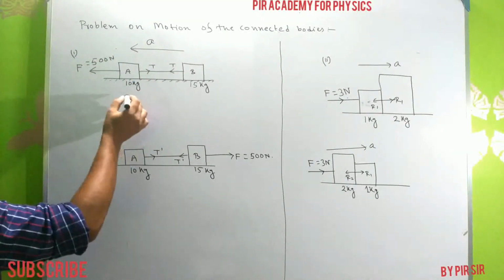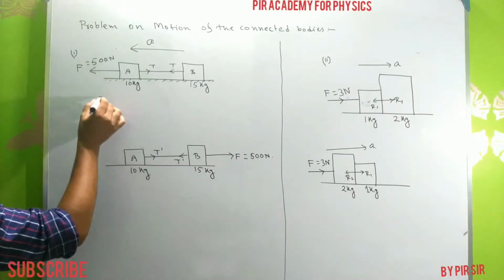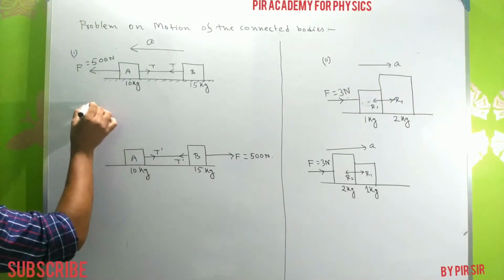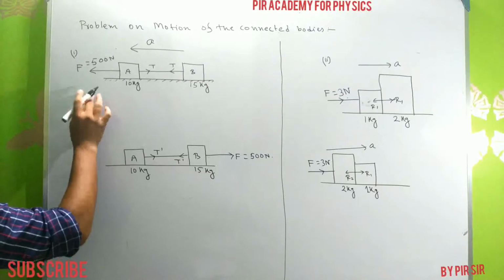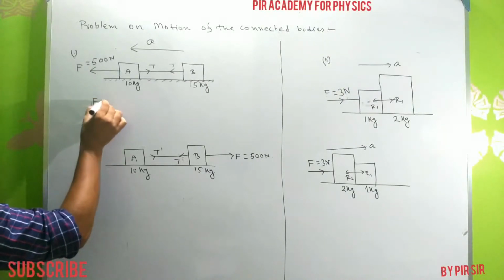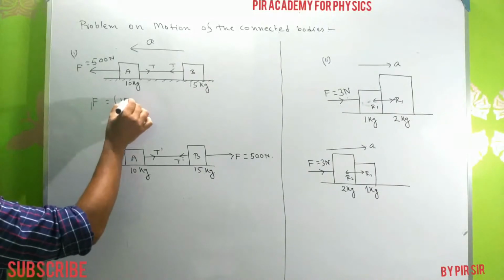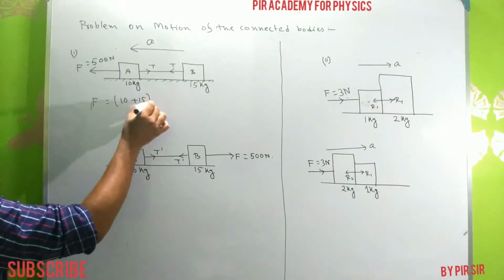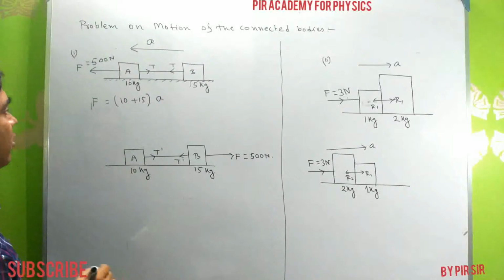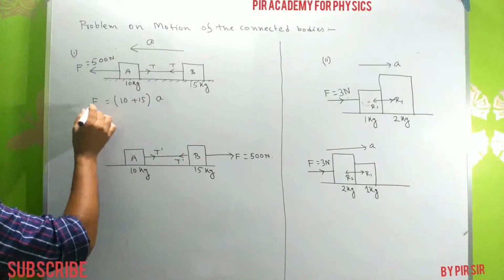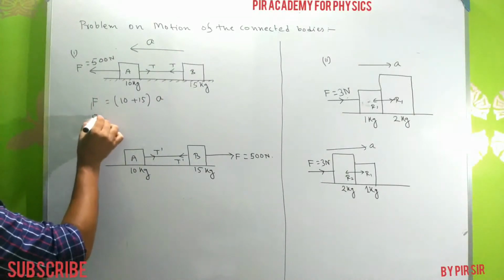That means total force equals total mass, 10 plus 15, into total acceleration. Here the force equals 500.